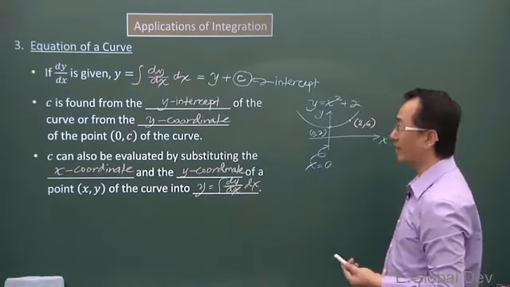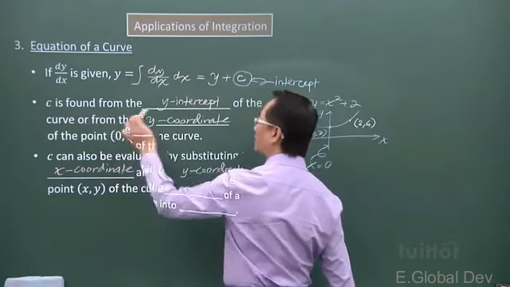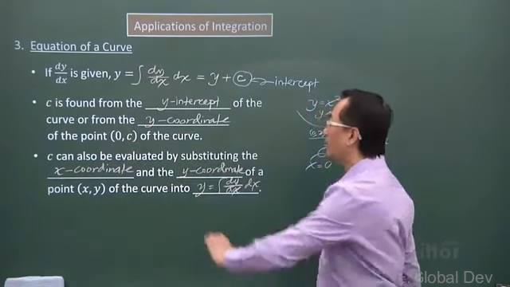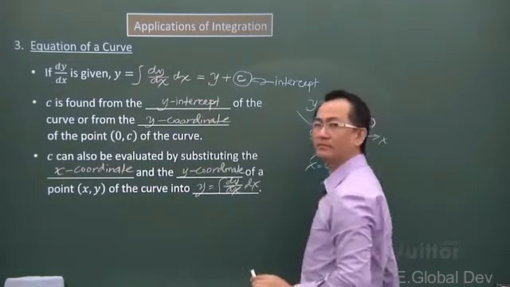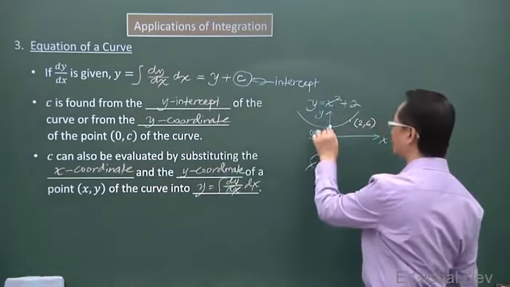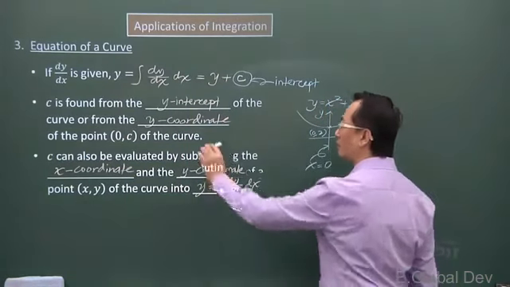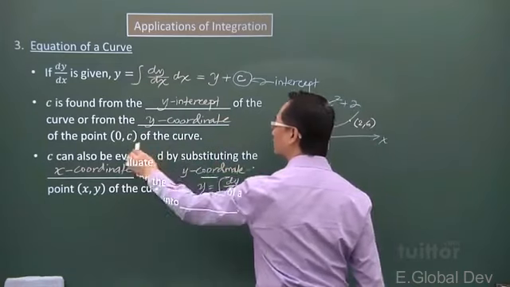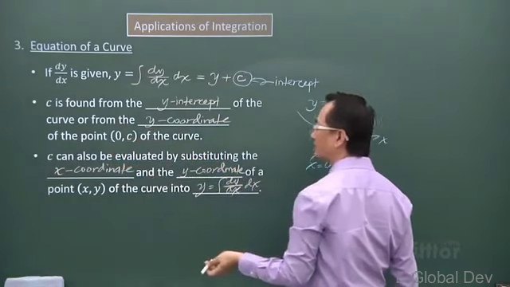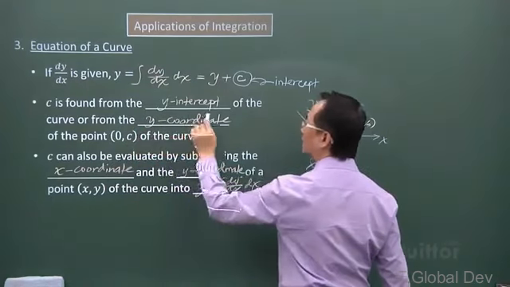So basically, we can find the value of c in 3 ways. 1, looking at the y-intercept. It can be from a curve like this, showing where the intercept is, or the point is already given to you, 0, c. So you just pick the y coordinate to be the value of c.